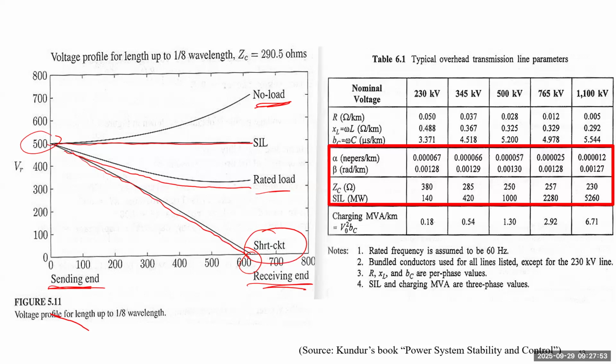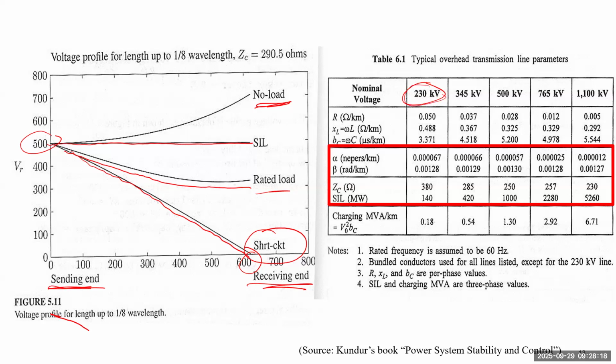Another table which is useful shows the surge impedance and the surge impedance load at different voltage levels for some typical transmission lines. So for instance, if you operate at 230 kV, the surge impedance not only depends on L and C, it doesn't depend on the length.